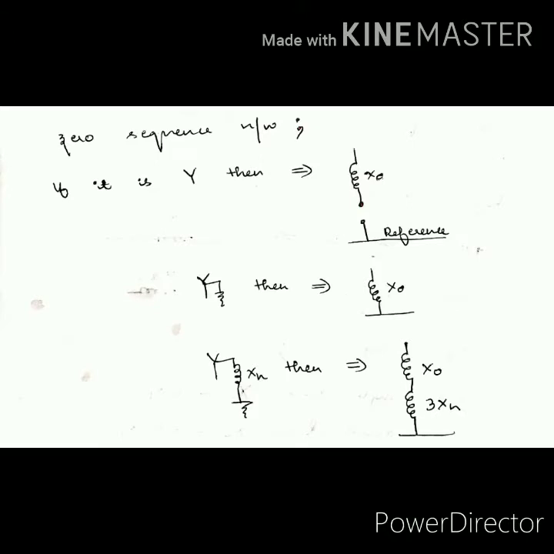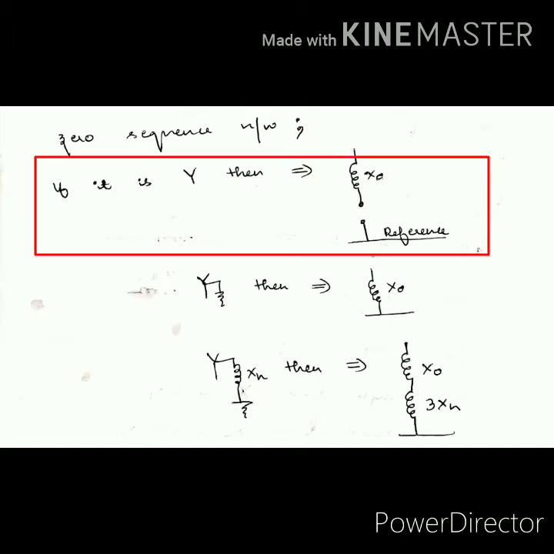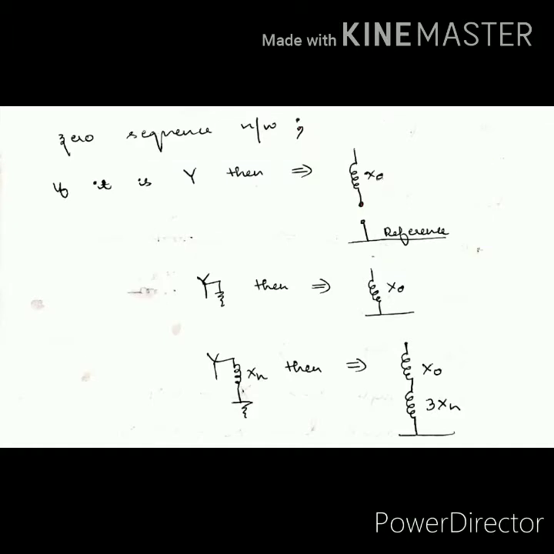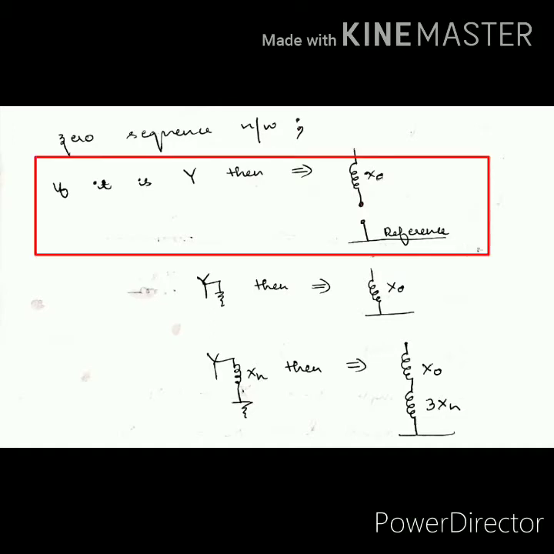But when you draw a zero sequence network, you should follow certain conditions. All these points are already discussed, but once again before solving the problem, we'll see this. If it is a star connected generator, then we have to draw a reactance X0 with the open circuit.